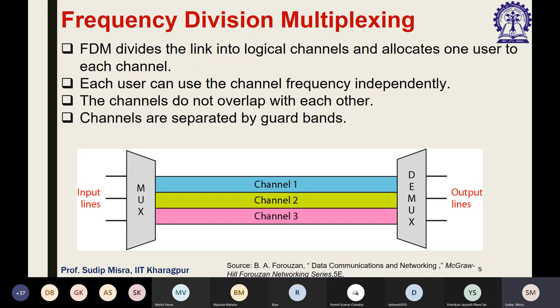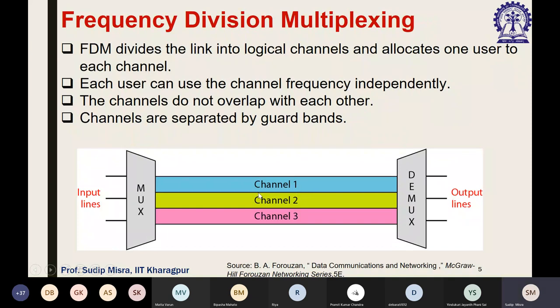As you can see pictorially, even though these channels are logical separations, they do not overlap with each other. This is shown pictorially, but the question is how do you make them separate from each other? This can be done with the help of something called guard bands. Channel 1 and channel 2, for instance, can be separated with a guard band.